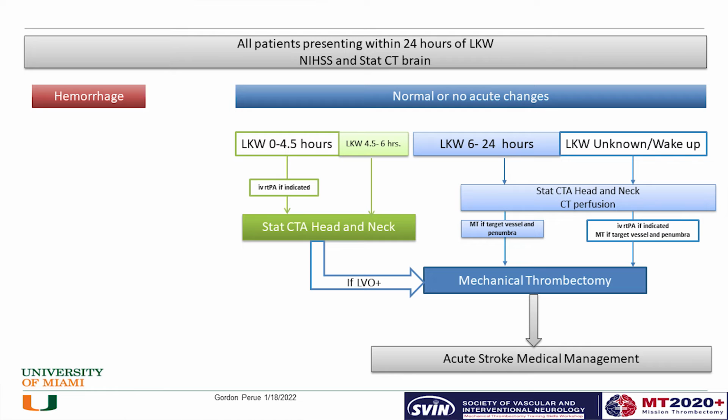Yes, Dr. Shaw. So if you don't have perfusion immediately available for the 6 to 24 hours, I say use the ASPECTS, and the DAWN trial was very helpful because while they did use the RAPID software, they used this concept of the clinical radiological mismatch.